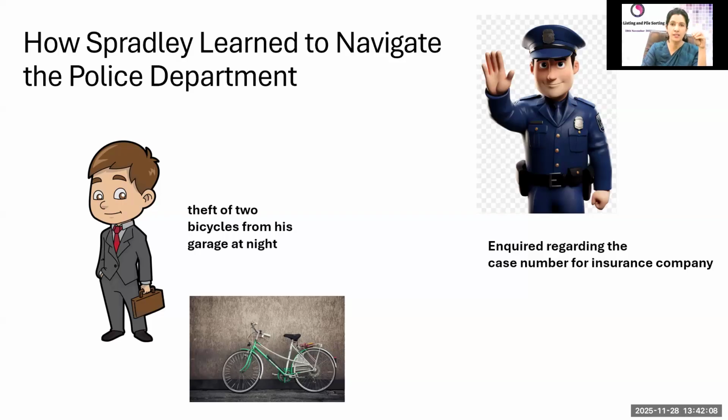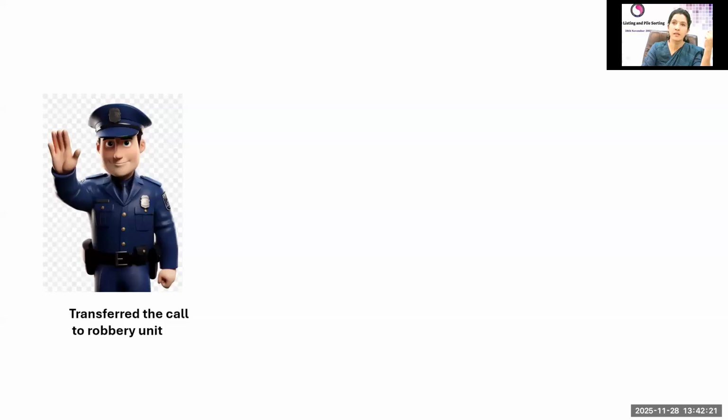So the insurance company, to give the money back, required the case number. So he called up the police and inquired about the case number for that bicycle. When he called up, he said that he wanted the case number of the robbery. When he said this, the police transferred his call to the robbery unit.